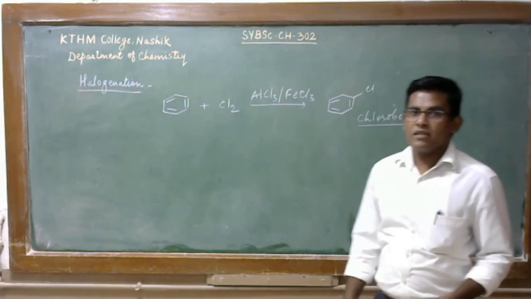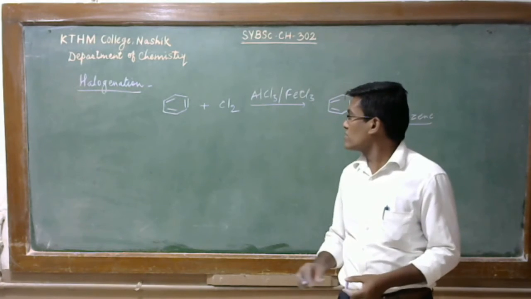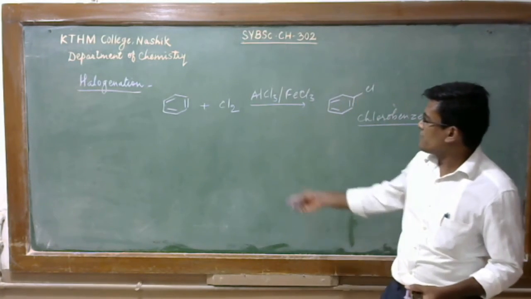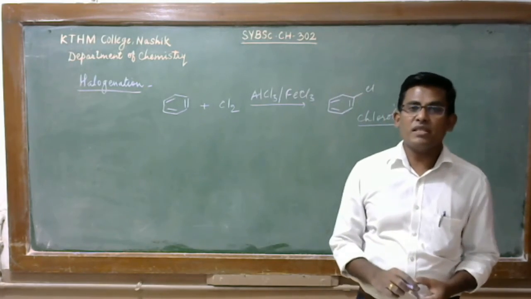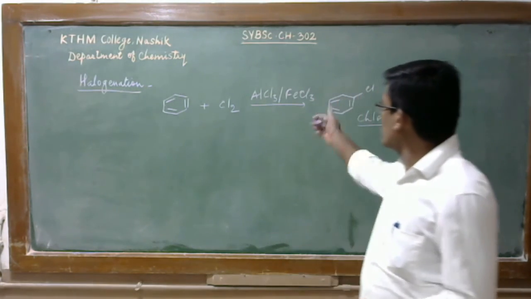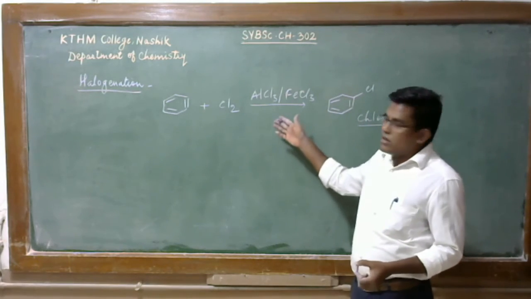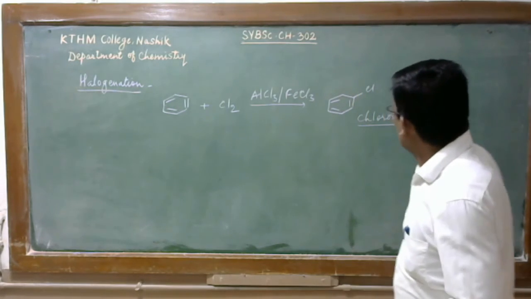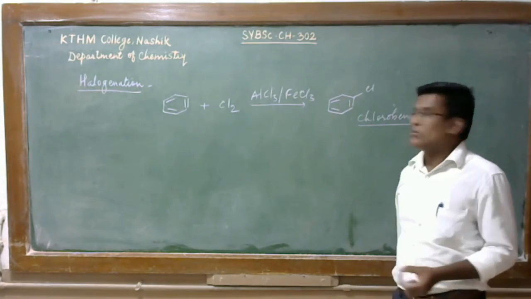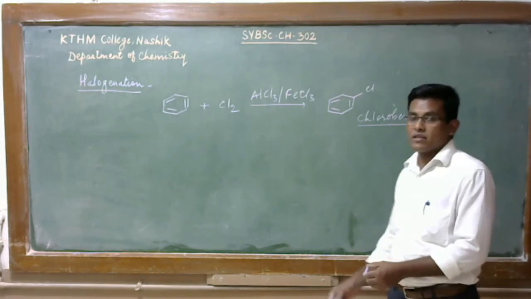So this is the general reaction. This is the halogenation reaction, the chlorination reaction, when benzene reacts with chlorine in the presence of AlCl3 or FeCl3. You can use any one of them, a Lewis acid catalyst, to generate chlorobenzene as a substituted product.